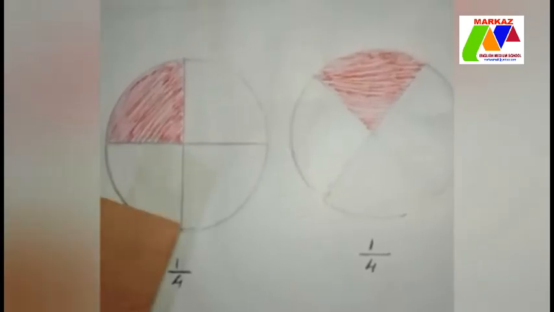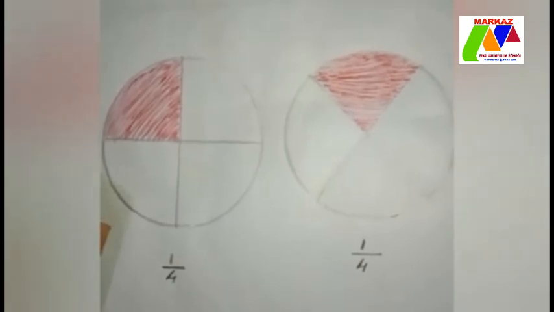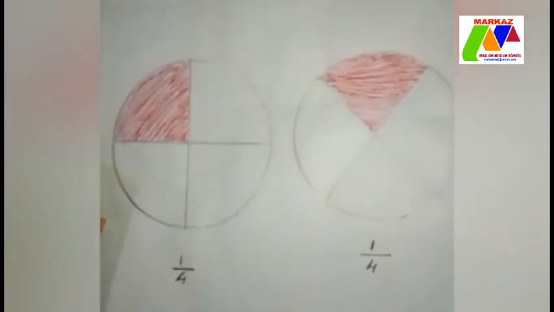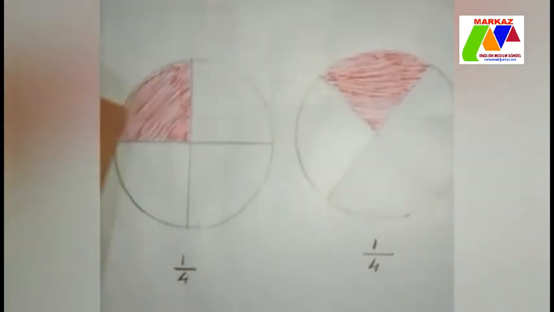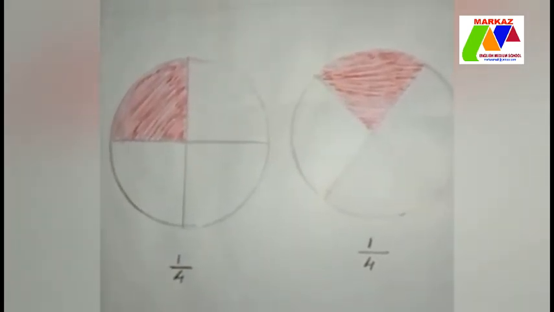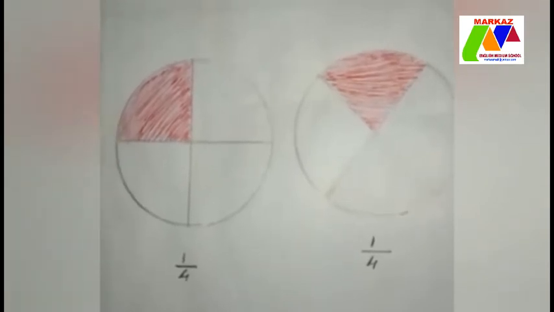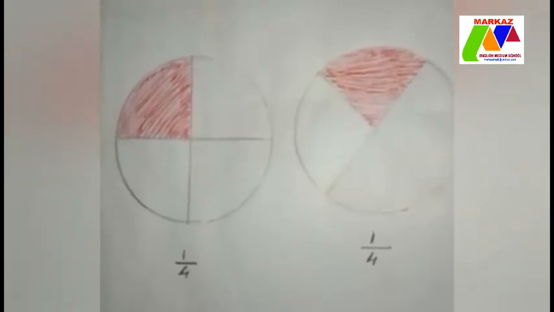If you look at these shapes, this circle has been divided into 4 equal parts. 1, 2, 3, 4. And this shaded part is 1 out of 4 equal parts. That is 1 by 4.